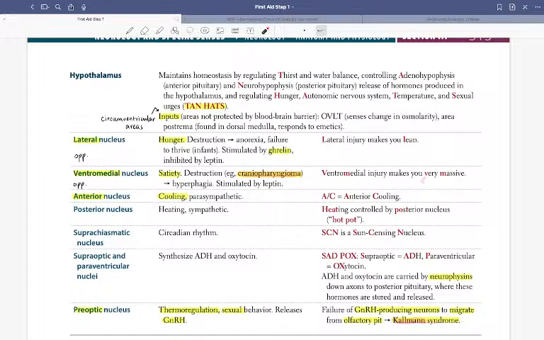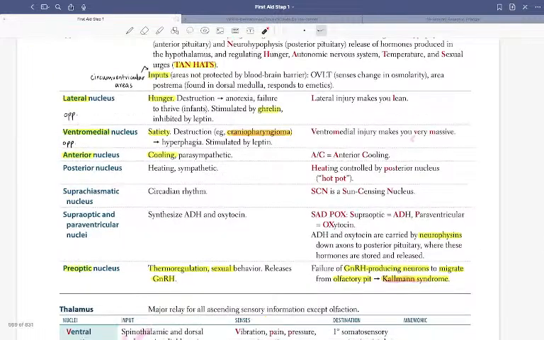Next is the preoptic nucleus. This is very important: failure of GnRH producing neurons to migrate from the olfactory pit. So that's why you have anosmia along with this.